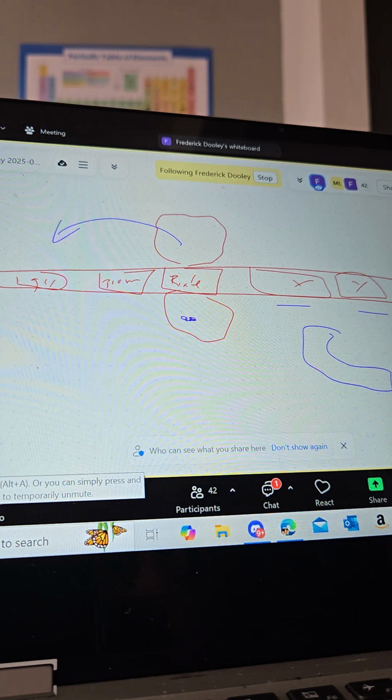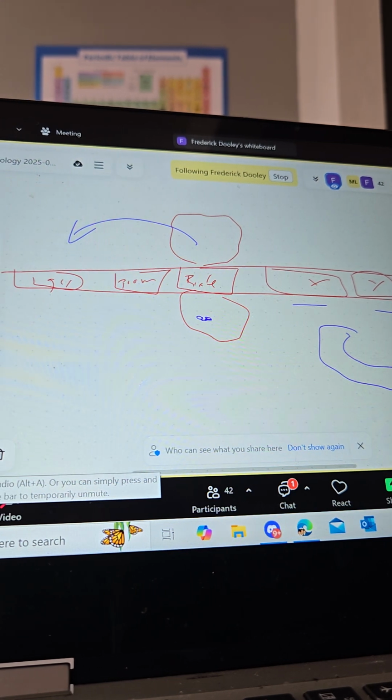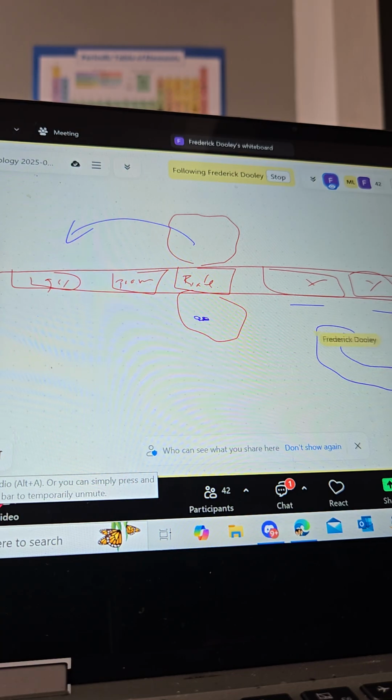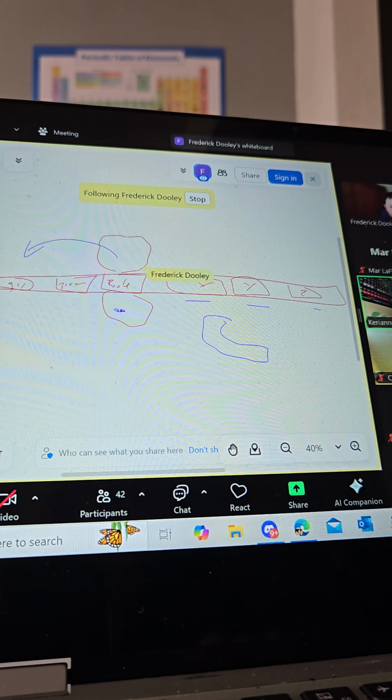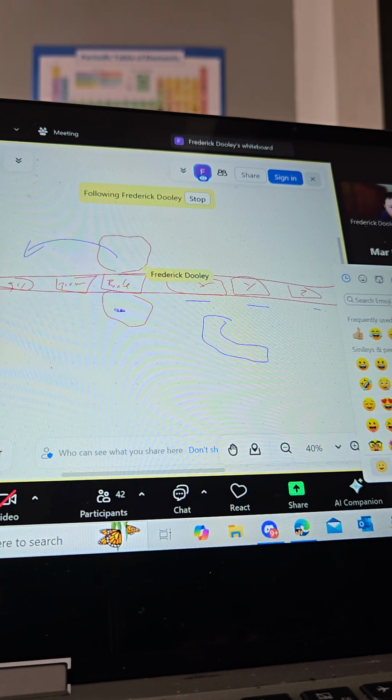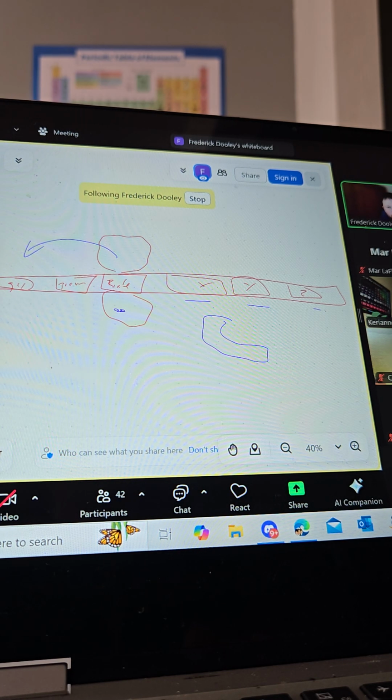This is a circle. Okay, so lacZ, Y, A are transcribed into 1 mRNA, as co-transcription. Yep.